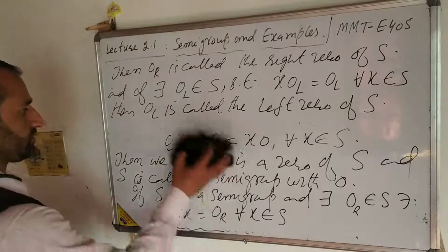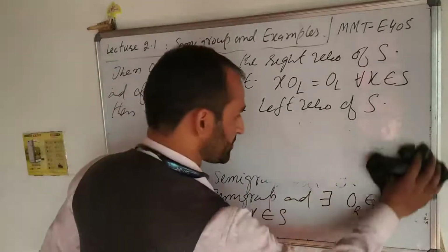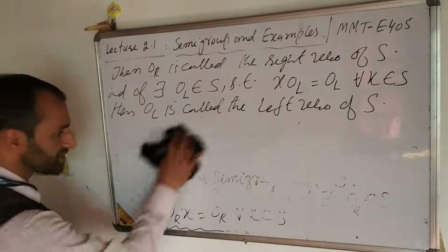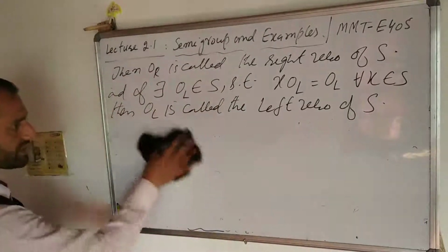So an element 0 is said to be a 0 of a semigroup if it is both left 0 as well as right 0.